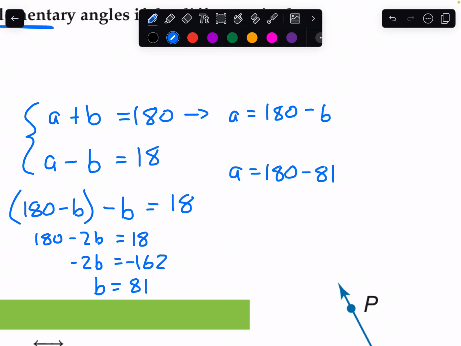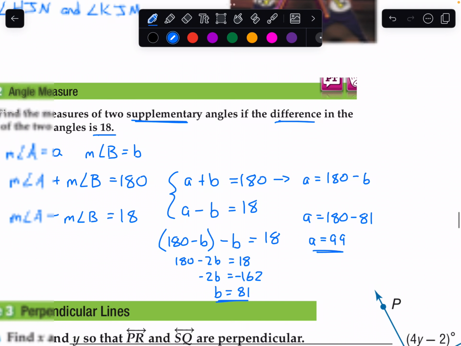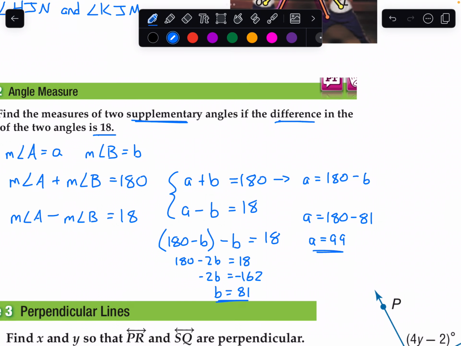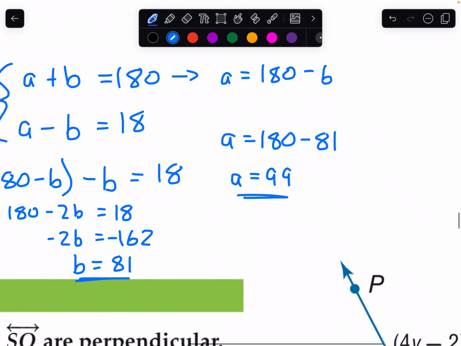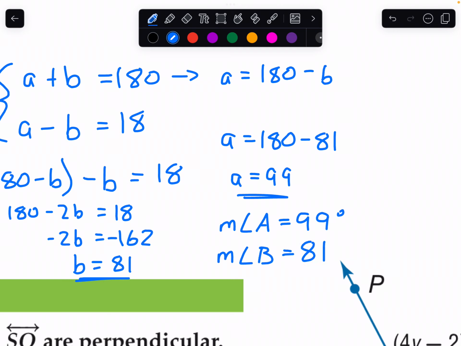So minus one more. A is 99. Okay, I have B, I have A, so we can return to the original designations. The measure of angle A equals 99 degrees, and the measure of angle B equals 81 degrees. Final answer.